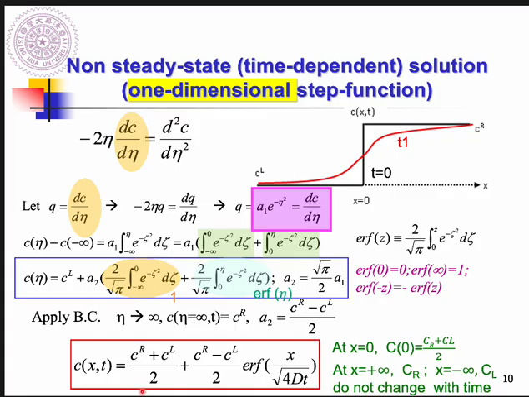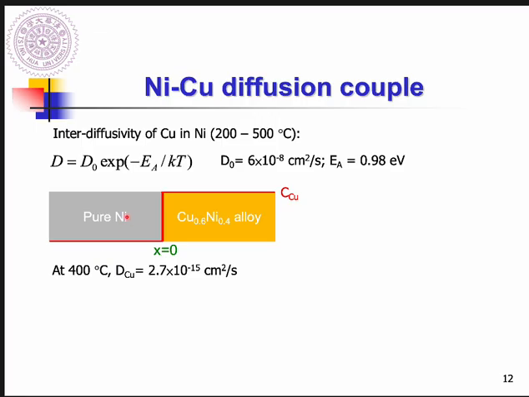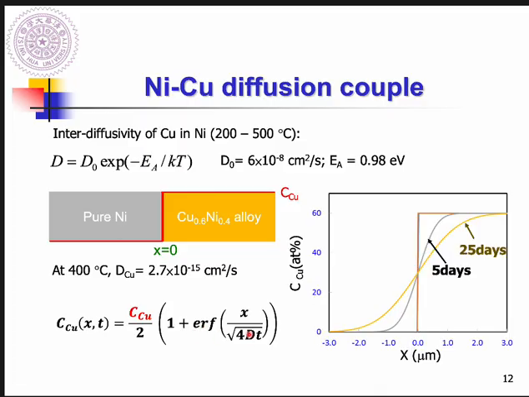Under this situation, you can use this result, just copy this result. So you take the average of this concentration plus 0, and plus the difference, C copper minus this, times the error function of iota. This plus this divided by 2, and this minus this divided by 2 as well, times the error function of iota. So this is the result.